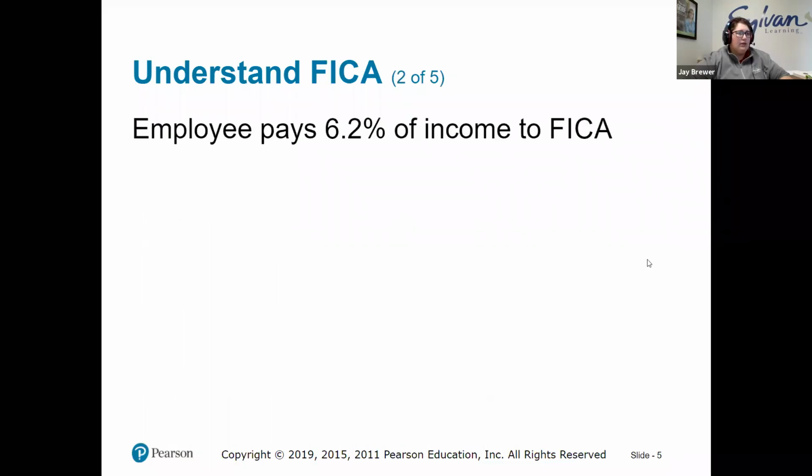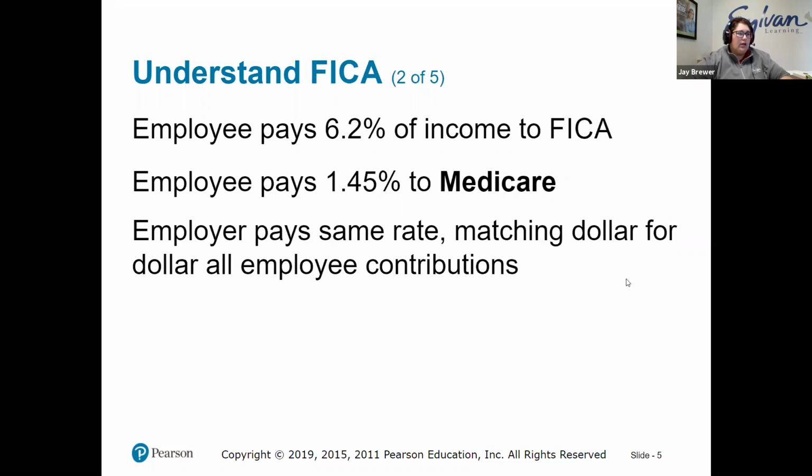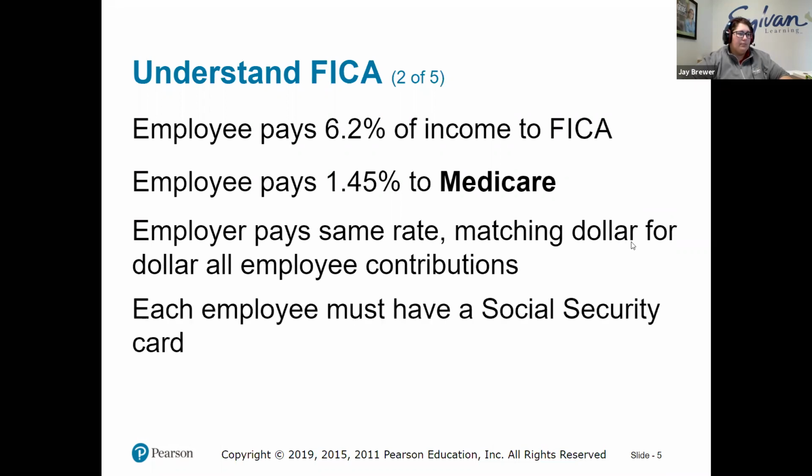I guess if you did have to know one of them, this would be it. Employee pays 6.2% of income to FICA. Employee pays 1.45% to Medicare. This is definitely what you want to write down. Employer pays the same rate, matching dollar for dollar all employee contributions.